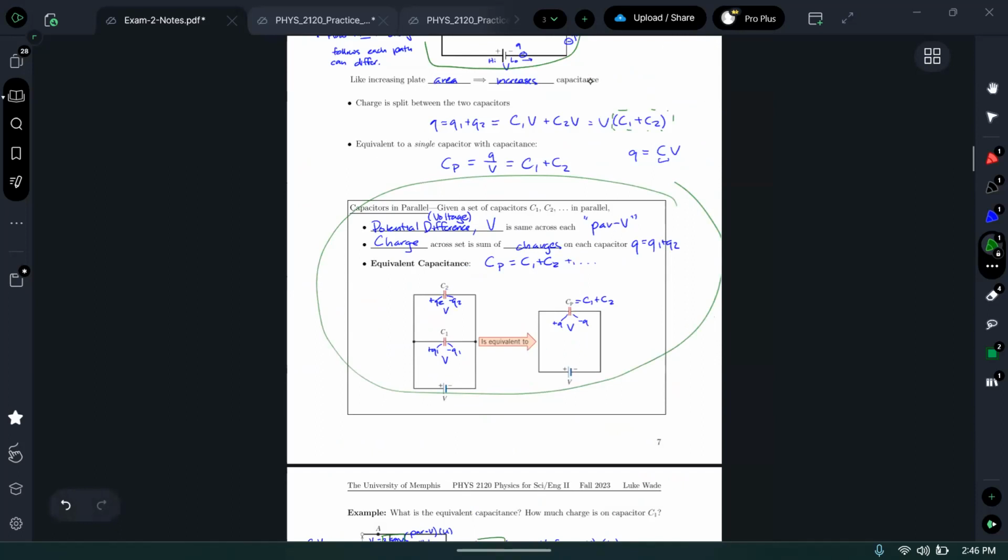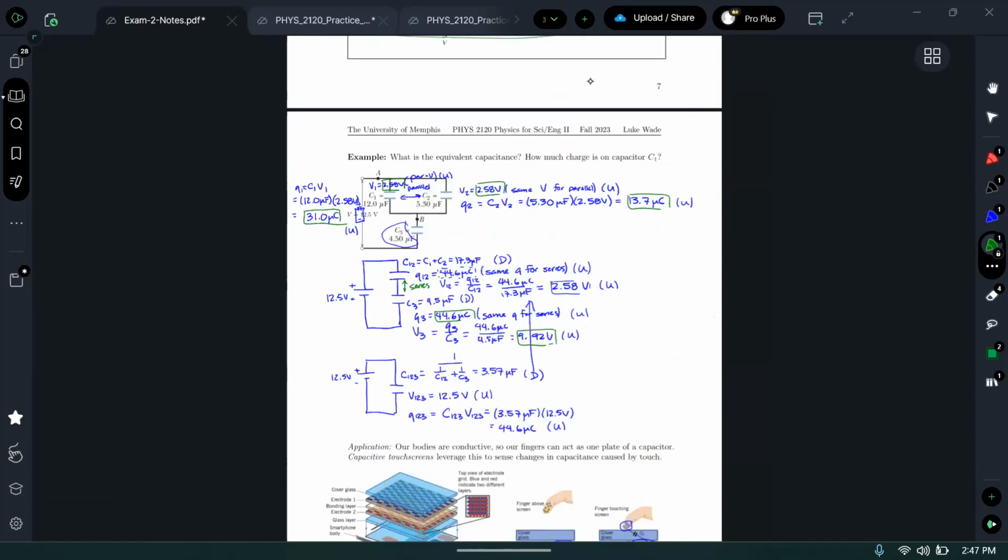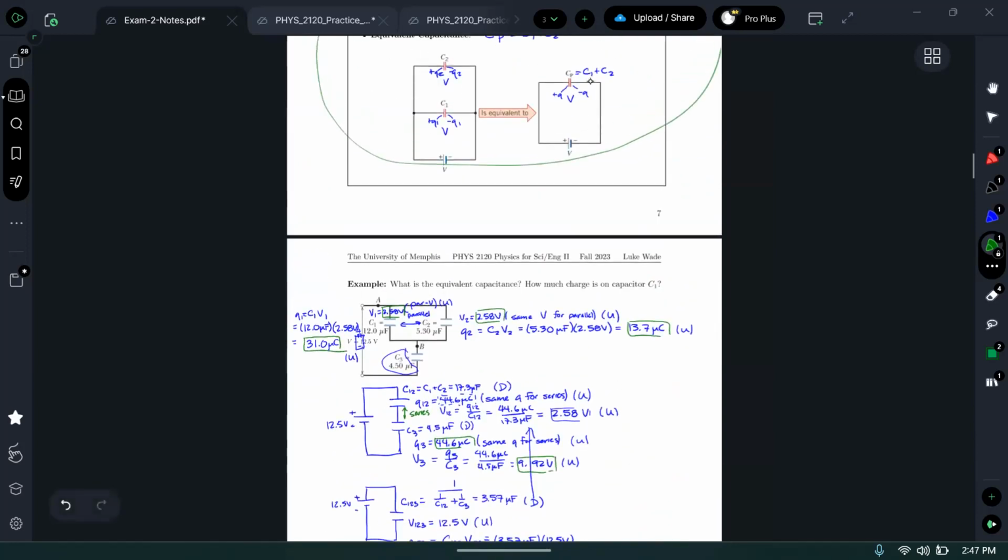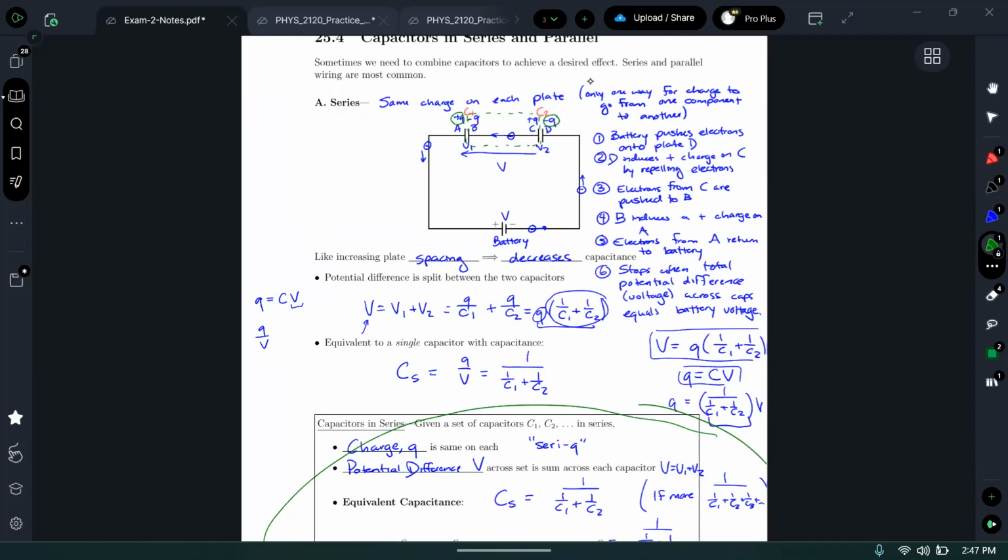Yes, Emma. Professor, could you please once again go over how to distinguish between series and parallel connections in circuits? Sure. So series, I always look at as, do I only have one path from one capacitor to the other?